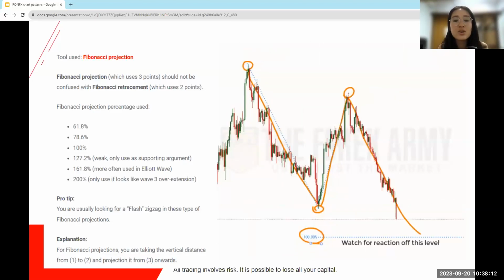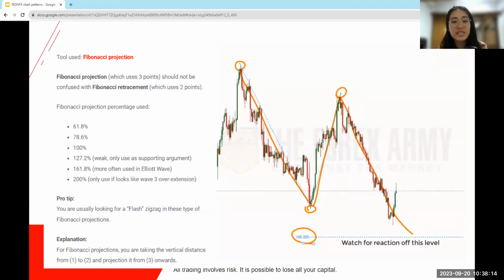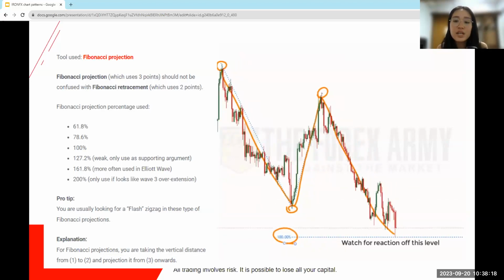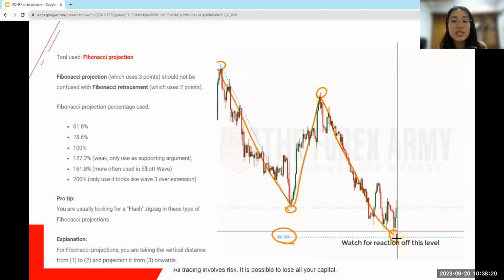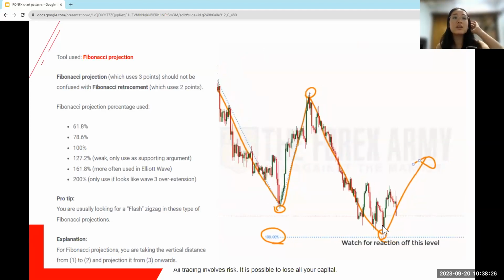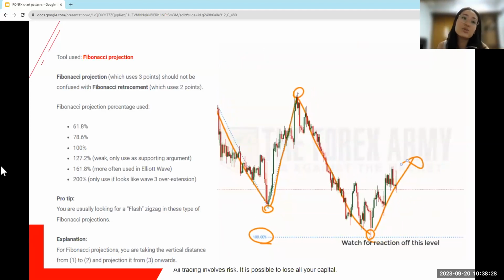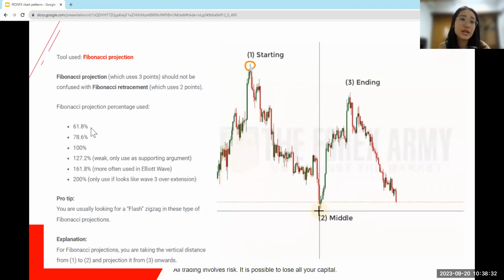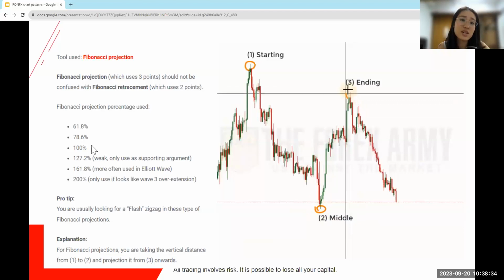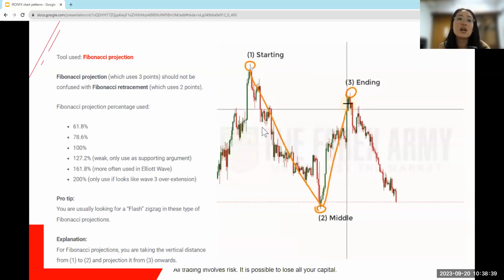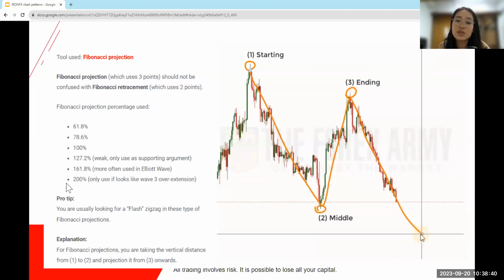Ultimately, unlike the other three methods that we've gone through so far, this method actually requires 3 points. So we need the starting, the middle, and the ending point. For this technique, we use namely three percentages: 61.8, 78.6, and 100%. But if you're using Elliott wave, we also make use of the 161.8.